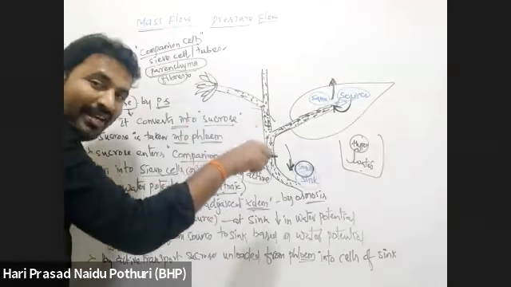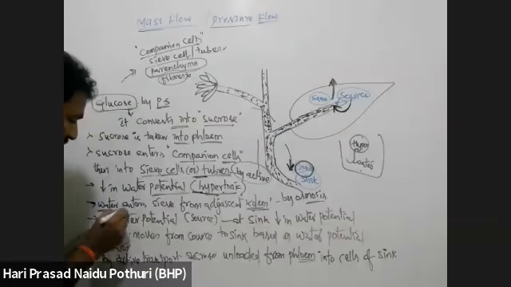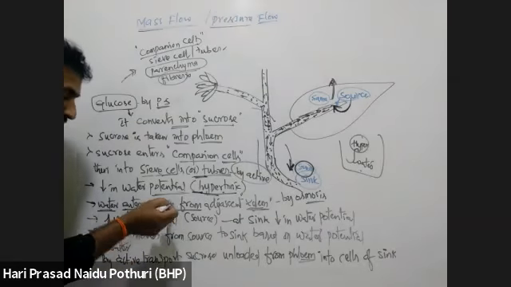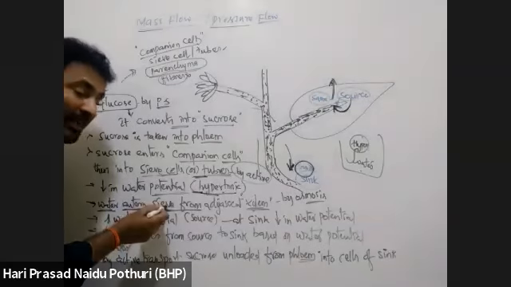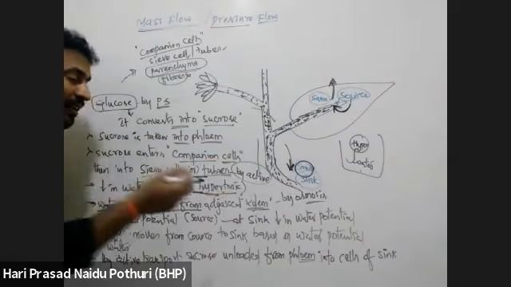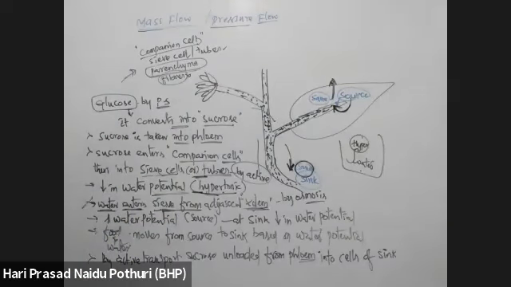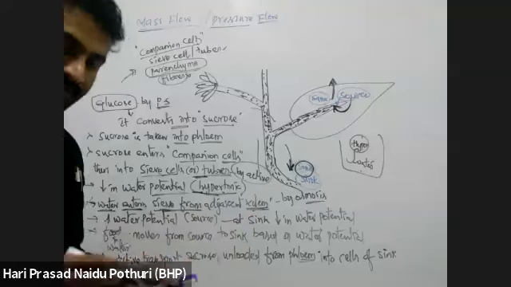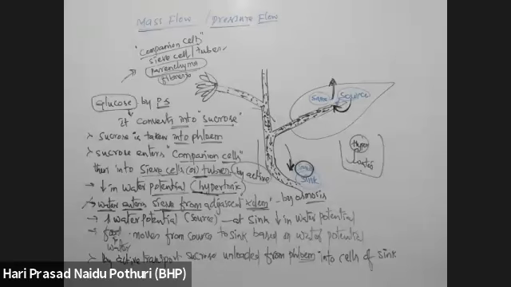When sucrose is added in the phloem, water potential decreases, so it will take water from the xylem into the sieve elements. Understand? Copy these points. If not copied, take a screenshot.